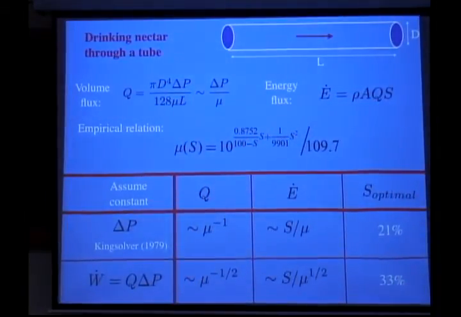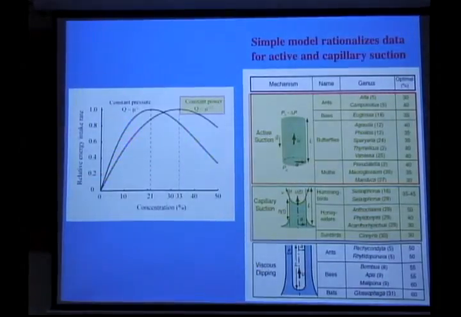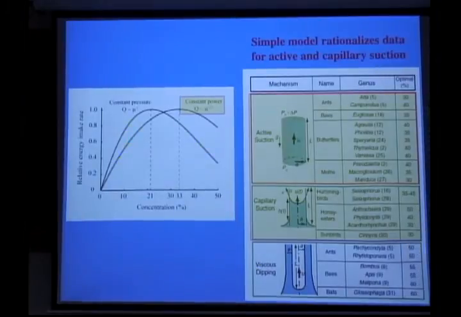We saw it was about 35% for these suction drinkers. So we can rationalize all of this data simply by saying that what's being optimized is the energy flux, and what's being held constant is the rate of work.